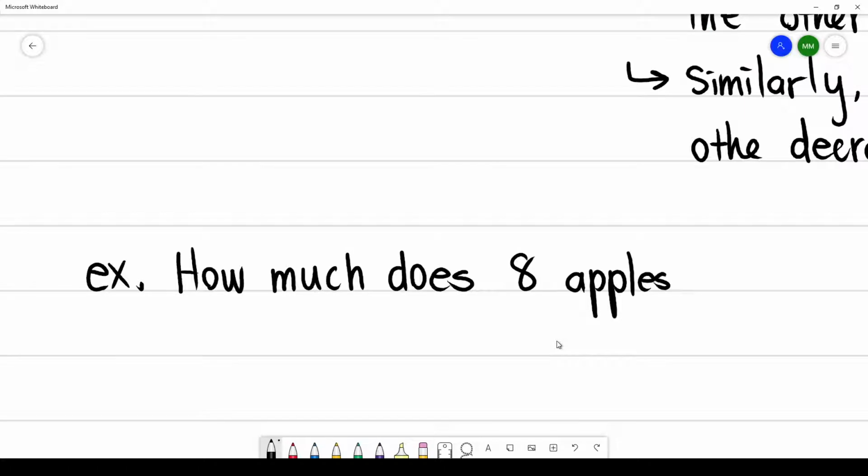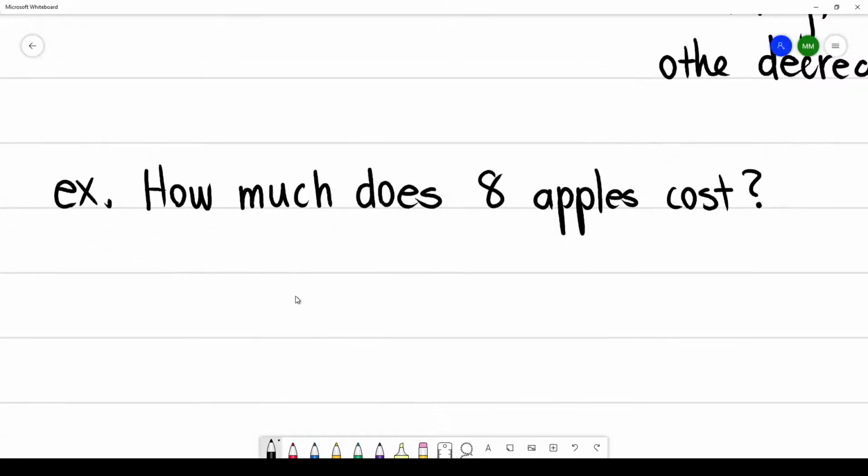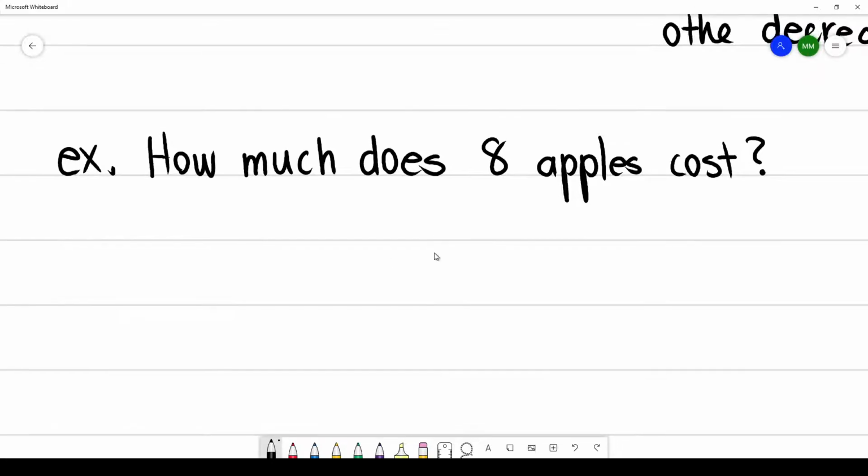You can just type it into the chat or say it out loud. How much do 8 apples cost? Yep, 64 cents. Good job.